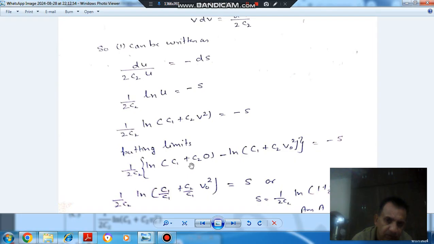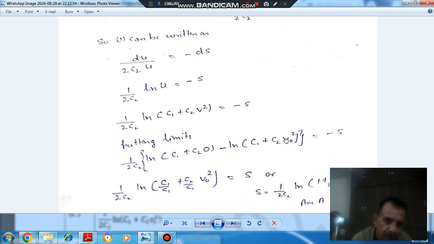So it will be ln[C1 plus C2 times 0] minus ln[C1 plus C2 v naught square]. So it will be 1 by 2 C2 ln C1, solving this, if minus sign is there and we take it as plus and take it as minus, this minus will cancel out, so it will be C1 by C1, because here only C1 is there, this term is 0, plus C2 by C1 v naught square.